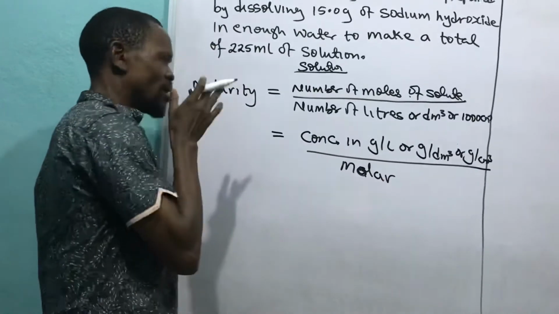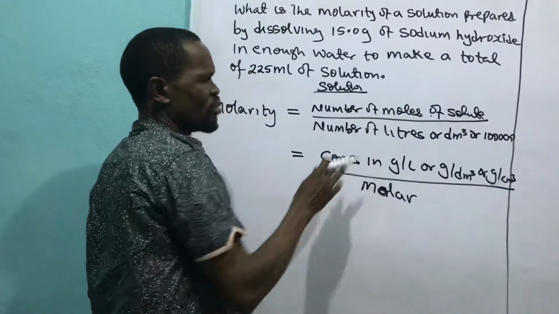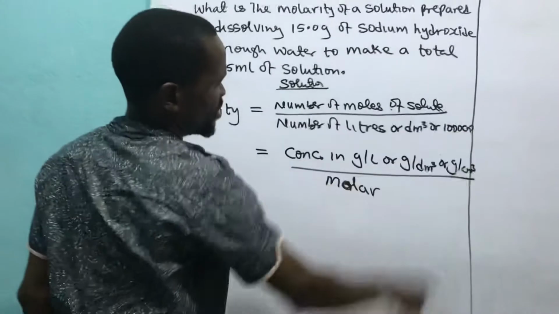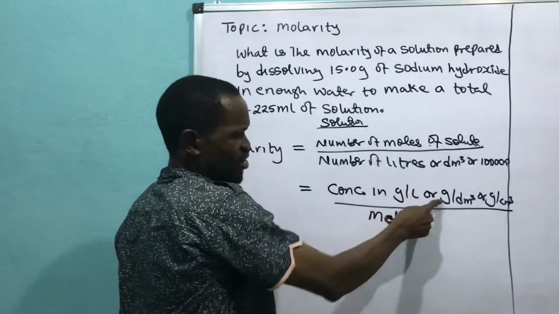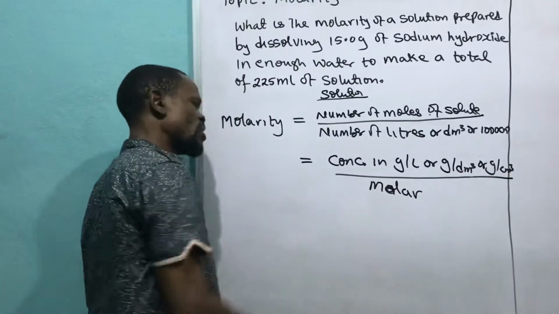That's the formula for molarity. The first one says number of moles of solute over number of liters, or dm cubed, or 1000 cm cubed, or concentration in gram per liter, or gram per dm cubed, or gram per cm cubed, over molar mass.